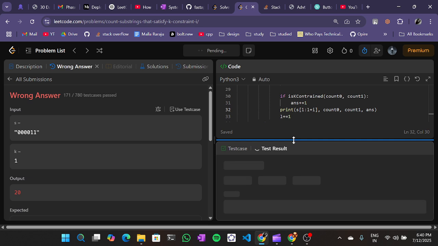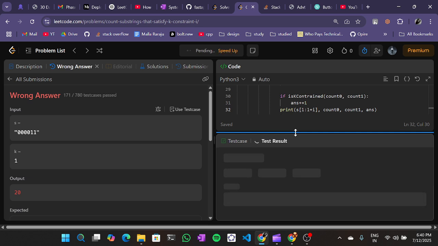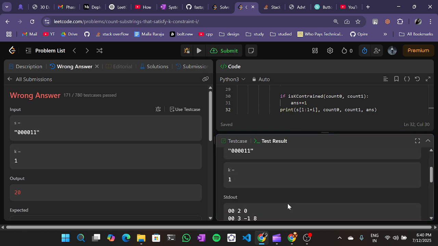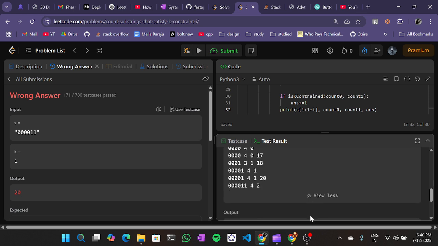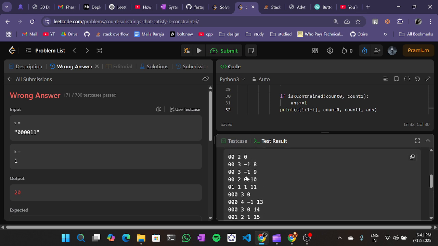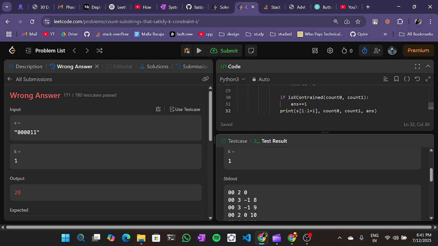Now let's see. Fine, so we are considering 0 0. This will also be treated here. Also right.